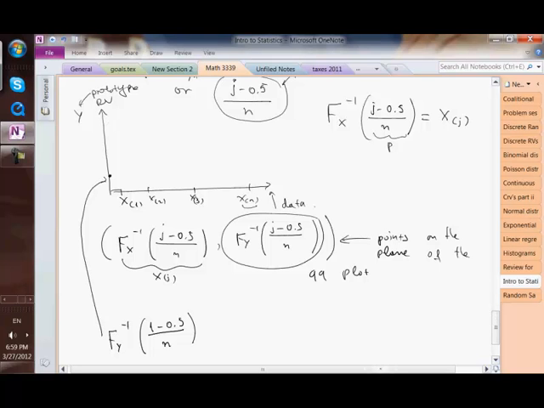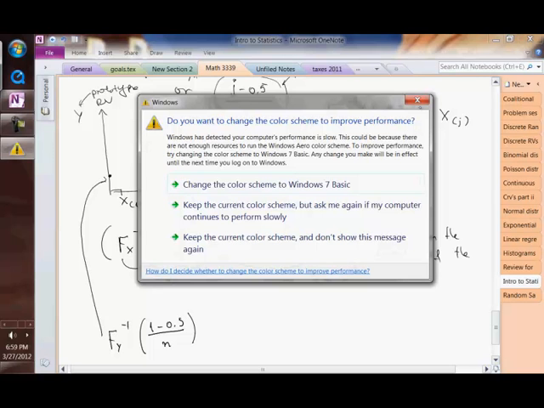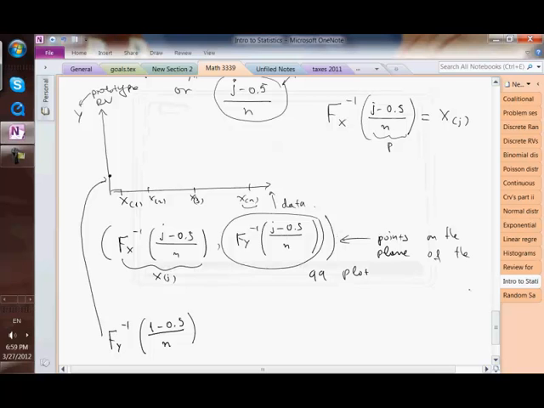Now this one corresponds to a point somewhere here. I think that's what it needs.